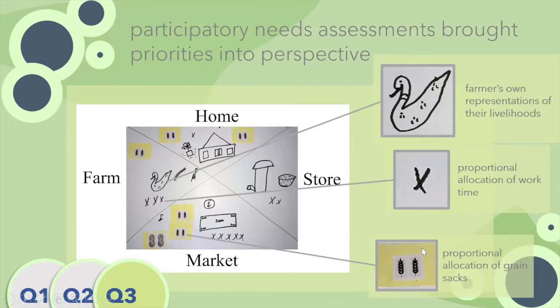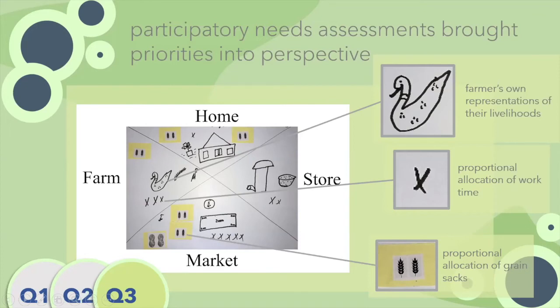And lastly, we had each farmer take a series of Post-it notes with little crop icons on them corresponding to actual bags of stored grain that they had in their storage, and place them in their storage quadrant. And crop by crop, allocate their bags based on the anticipated end use of each proportion of their sacks between home consumption, use as seed on the farm, or sale in the market, to sort of get an idea of market orientation versus subsistence orientation.